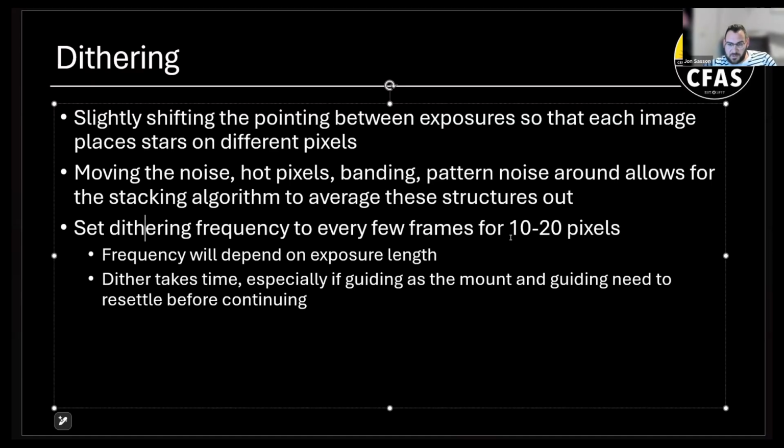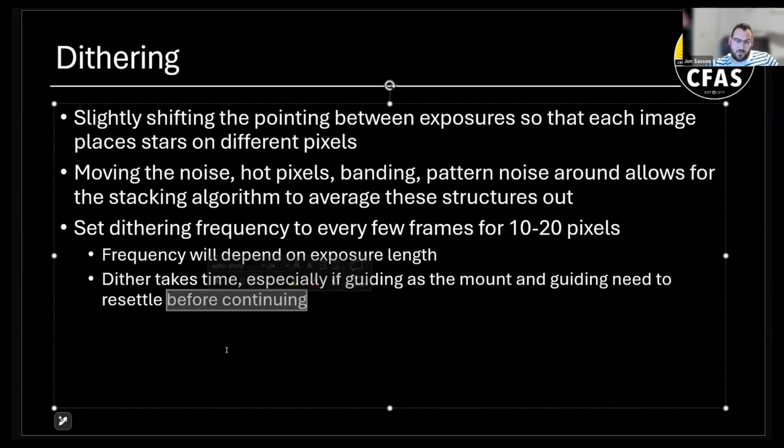So you want to set your dither frequency to every couple of frames, and you want to set it to dither between 10 to 20 pixels. Your frequency will depend on your exposure length. If you're taking 30-second exposures, maybe you don't want to dither every image, because dithering takes time. It has to move the mount, then make sure, if you're guiding, that the mount is stable, and resettle before you continue taking pictures.